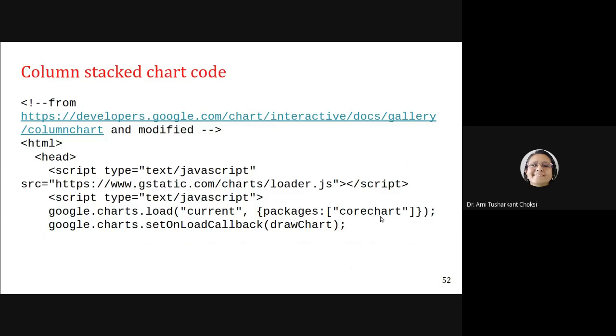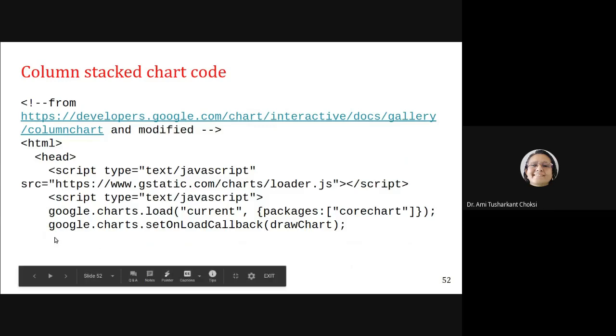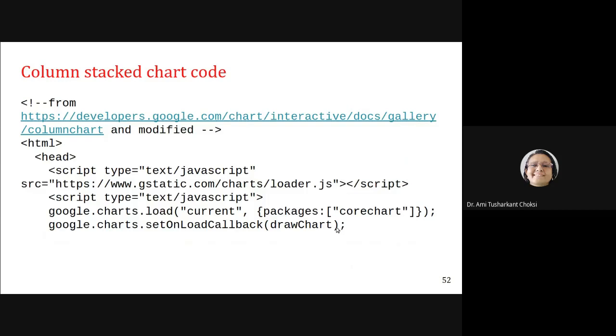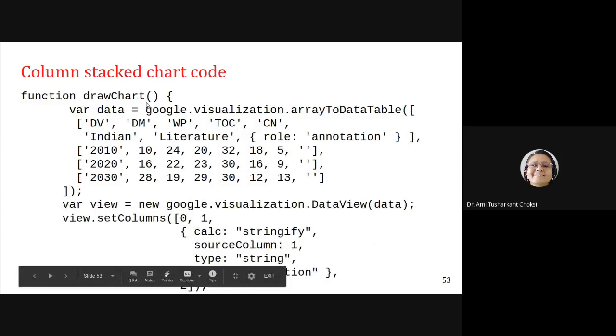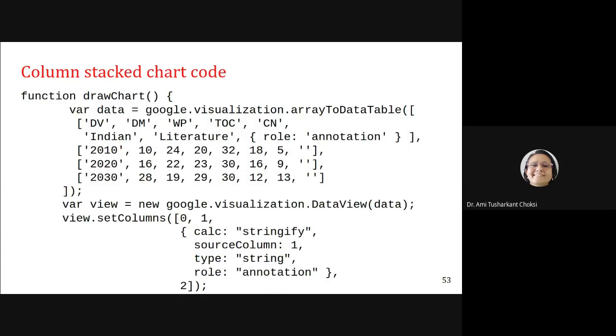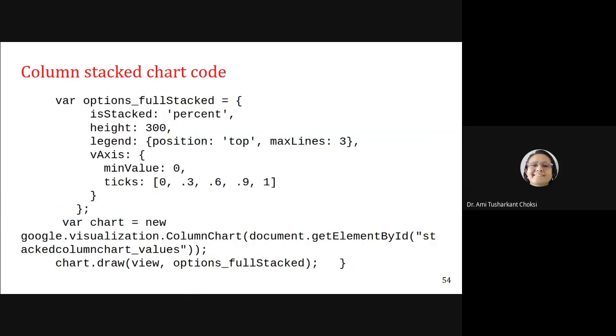We are loading the corechart packages. google.charts.setOnLoadCallback, that is for the drawChart function, right? Then after that we are having the drawChart function, inside that we are specifying the data, then view, then we are setting the options, right? And then after that we are drawing the chart. Fine, so this is what we want to do.